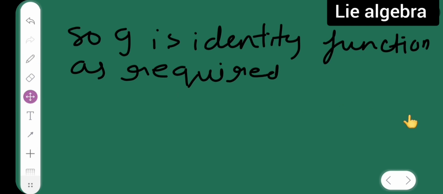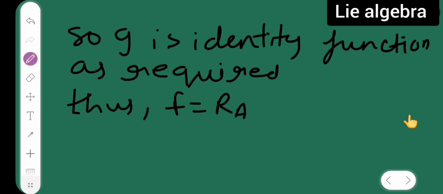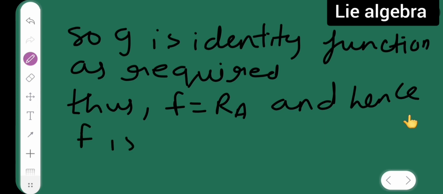Thus f is equal to R_A, and hence f is linear. So finally we proved that f is linear.